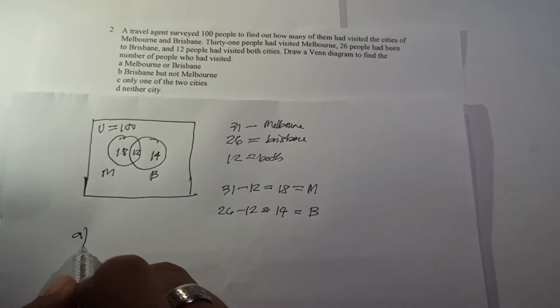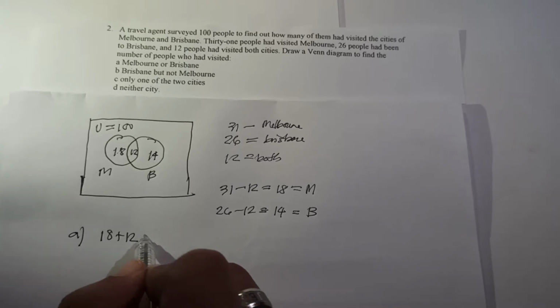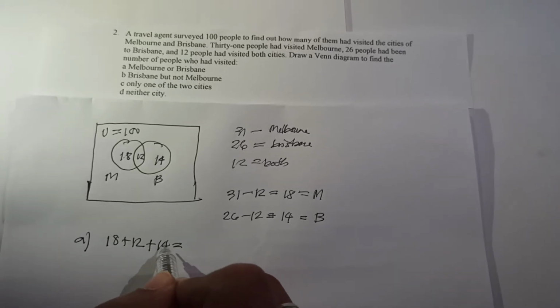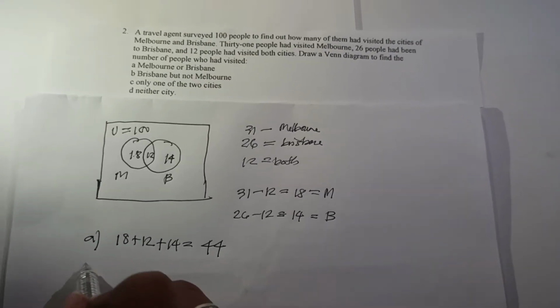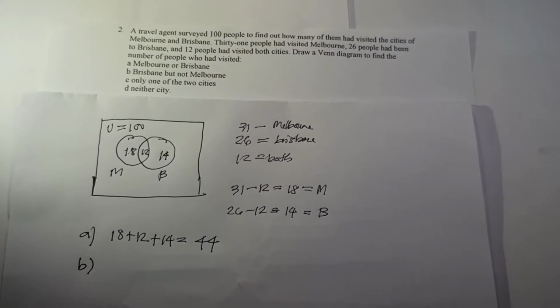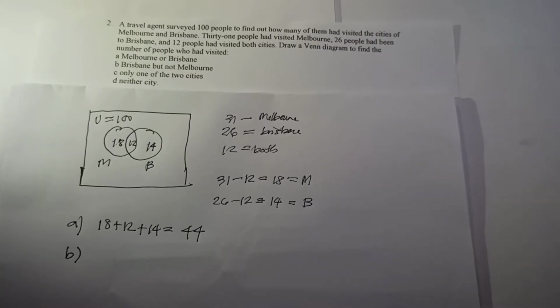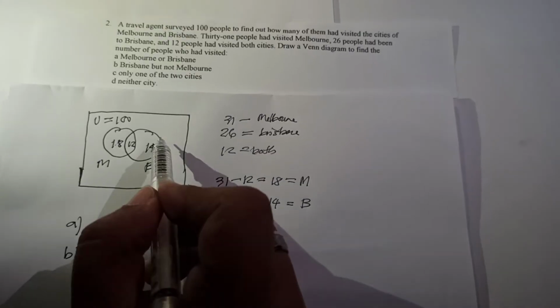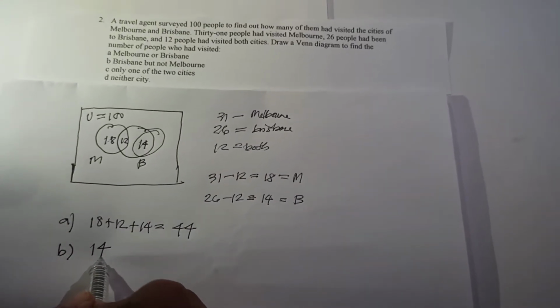For letter A, just add 18 plus 12 plus 14, since this is the union. So we have 44. For letter B, Brisbane, not Melbourne, we're going to talk about only Brisbane, so we have 14.